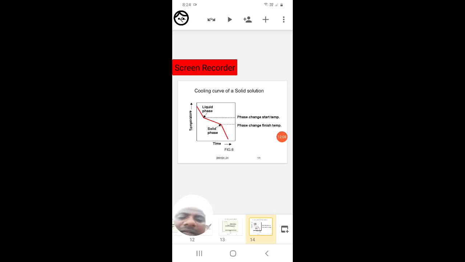That means the phase change starts at one temperature and the phase change finishes at another. So all of this is seen in TTT diagrams: time, temperature and transformation. That is a liquid phase transformation.